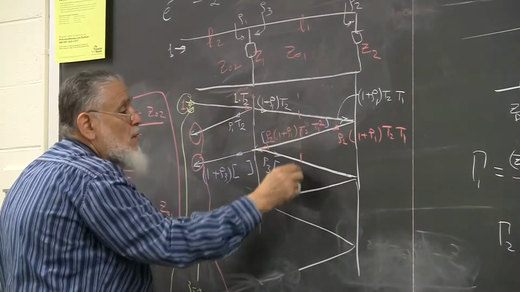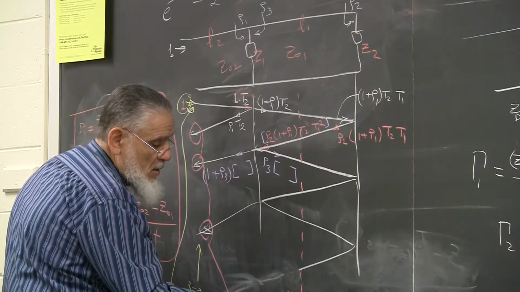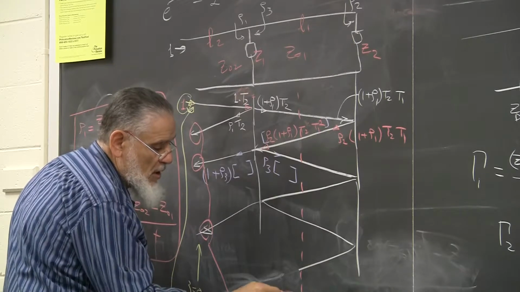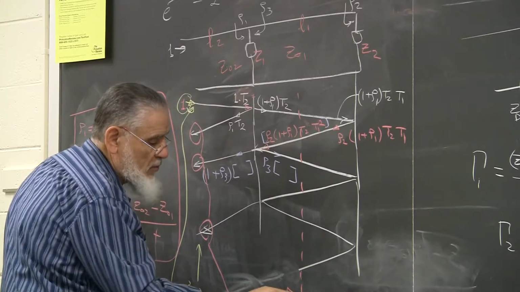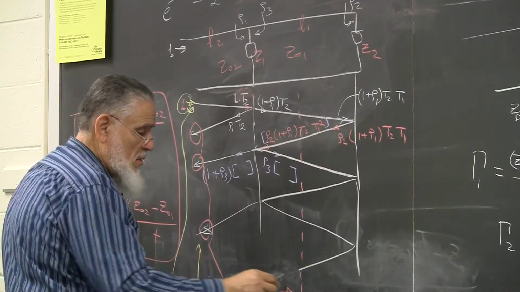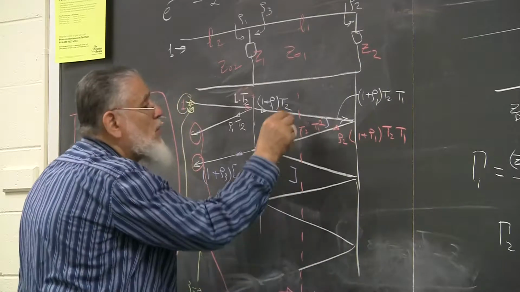Somewhere in here, your V plus e to the minus gamma z, whatever it is, right? I'm just going to show the waves traveling to the right is going to be the sum of, I'm going to mark them with x's, all the x's here.